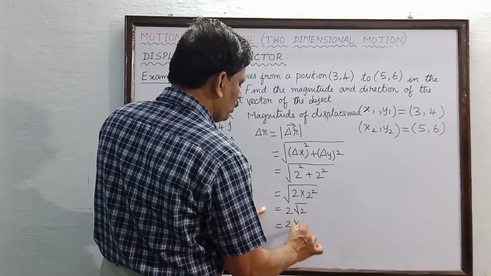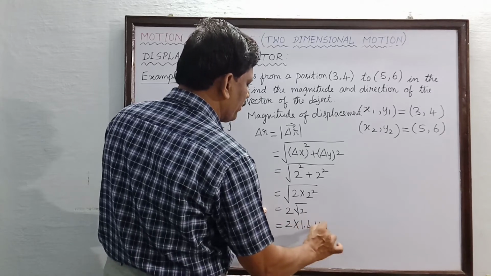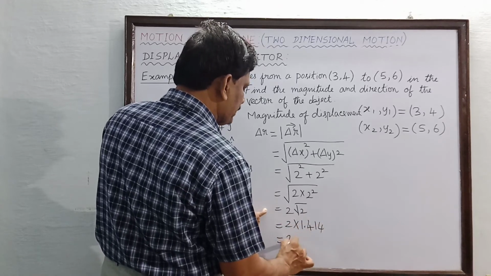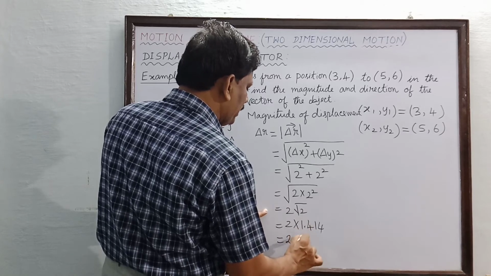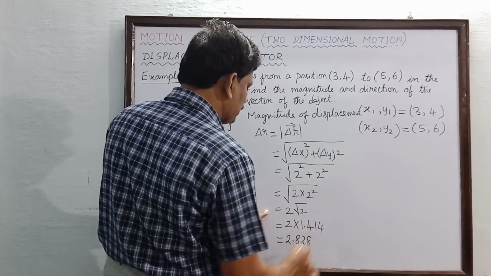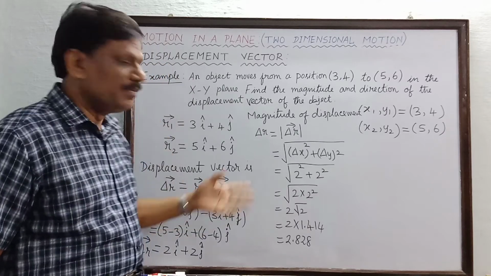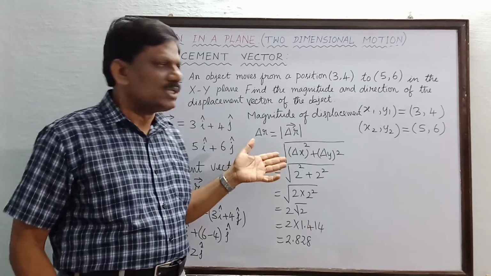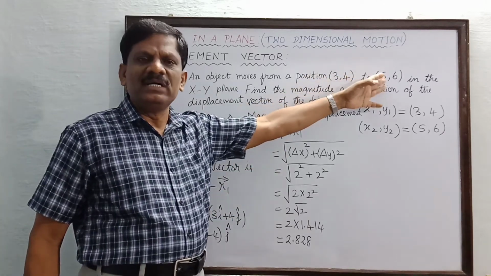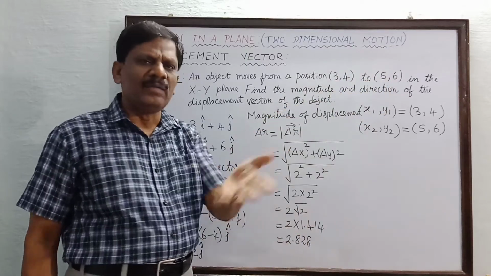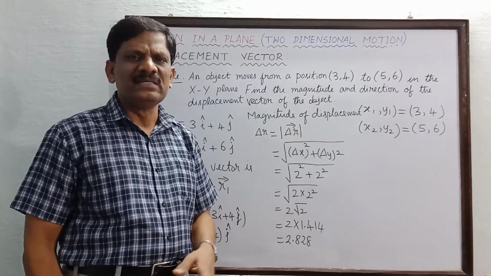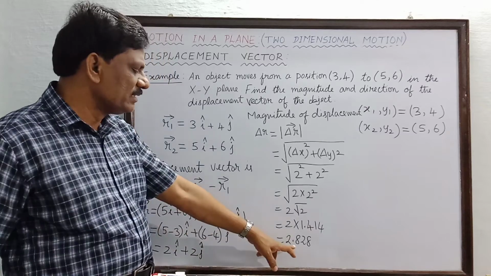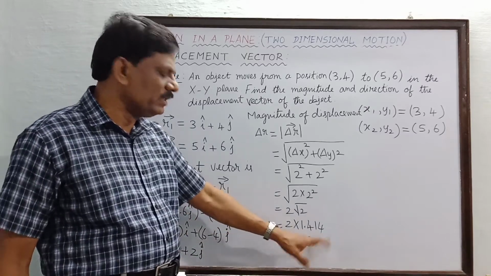Square root of 2 is 1.414, so this is equal to 2.828. So this is the magnitude. Whatever the unit of x and y, maybe centimeter or meter, in the SI system it is in meter. So this is the magnitude, 2.828.